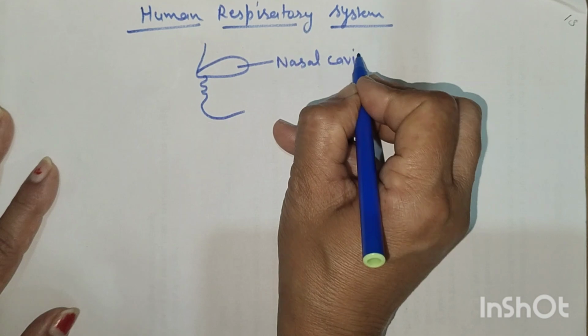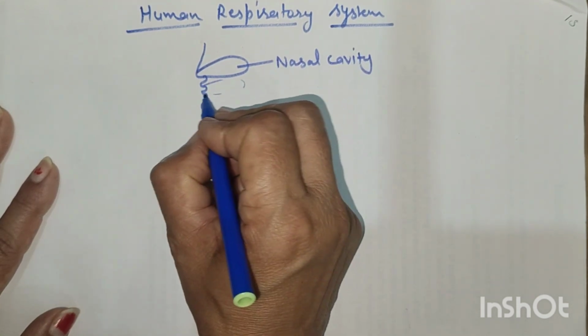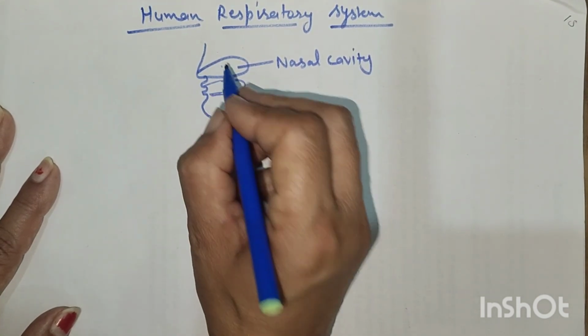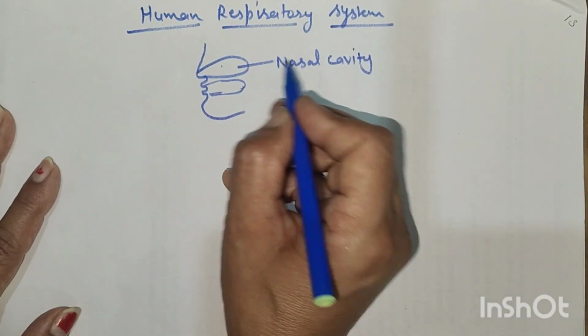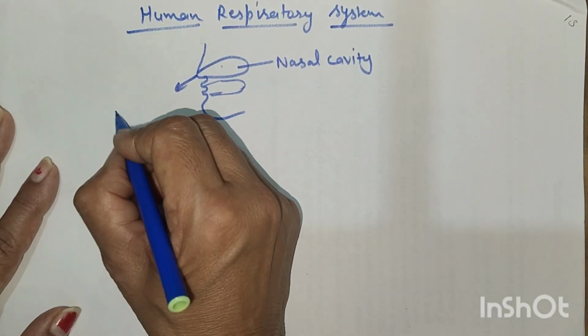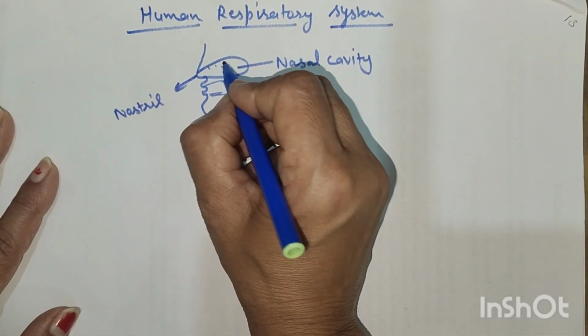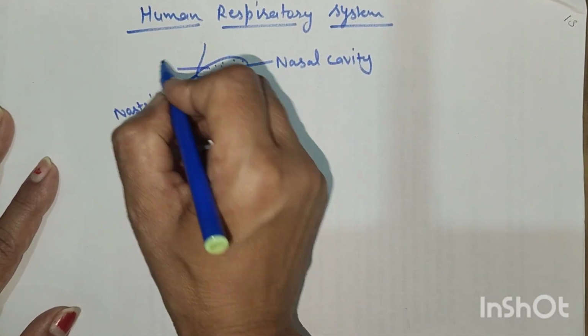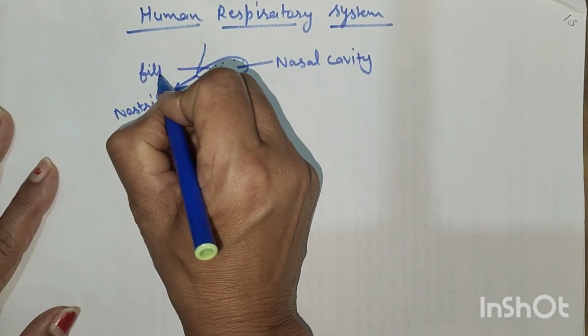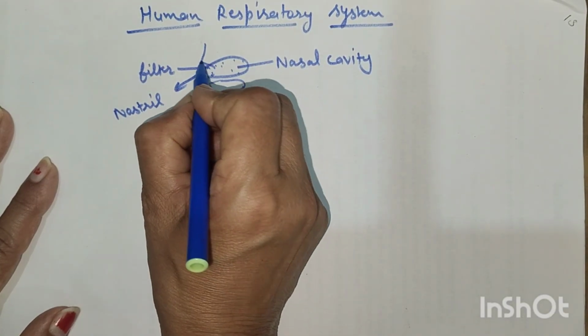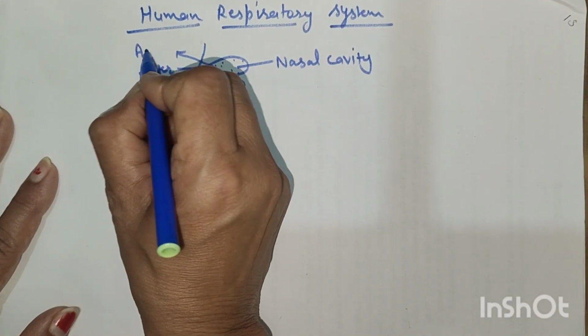Above the buccal cavity, there is a cavity starting from the nose, called the nasal cavity, and these are the nostrils. In your nasal cavity, there are some hairs. These filter the air. The nasal cavity also acts as an AC.